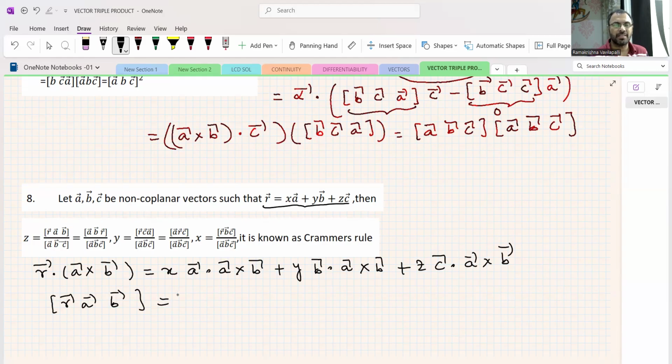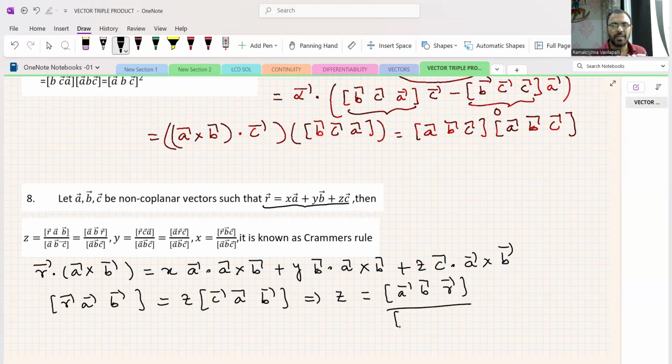So the third one is nothing but Z into box of CAB, and box of CAB is equal to box of ABC. Therefore, Z is equal to box of A bar, B bar, R bar by box of A, B, C.